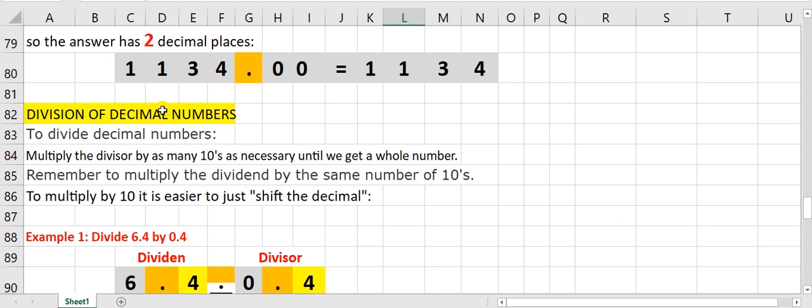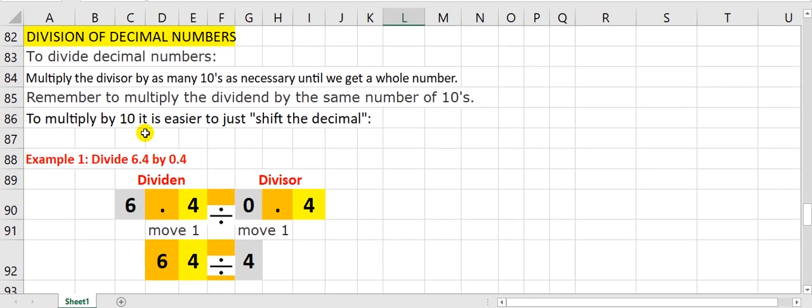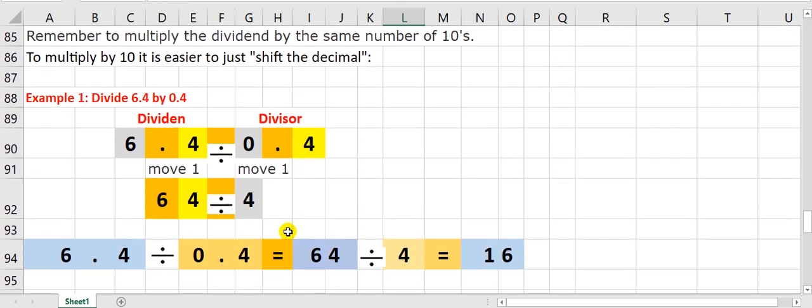Go to the division of the decimal numbers. Okay. To divide the decimal numbers, take care here. I want the divisor to be converted to an integer number, a real number, not a fraction, not a part. So I will move this decimal point here to become 4. The same thing, I multiply this by 10.